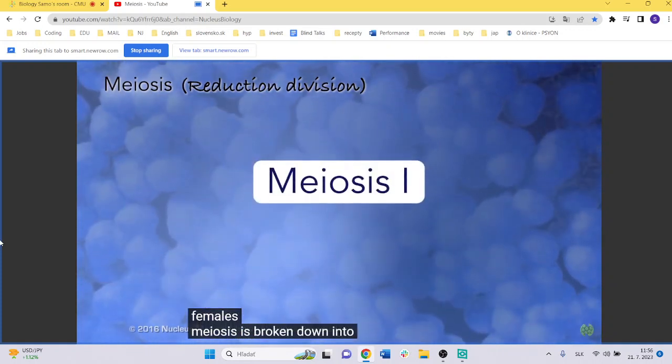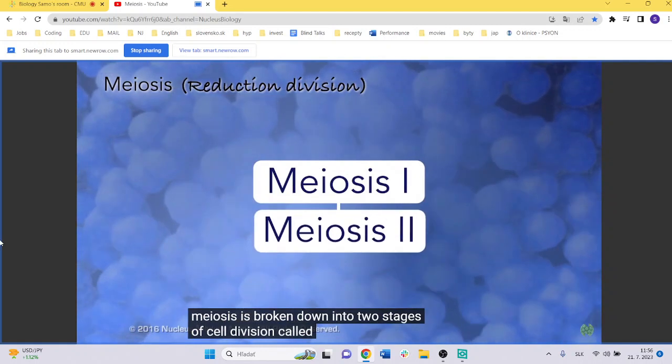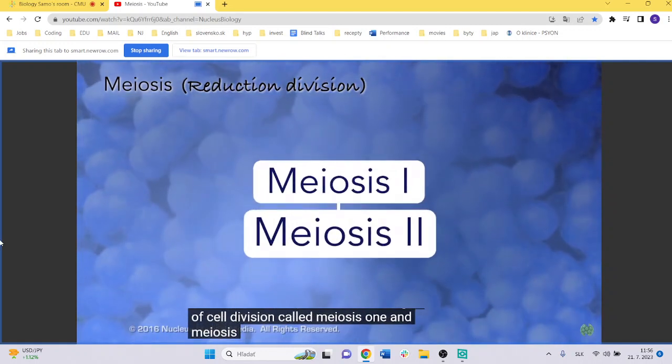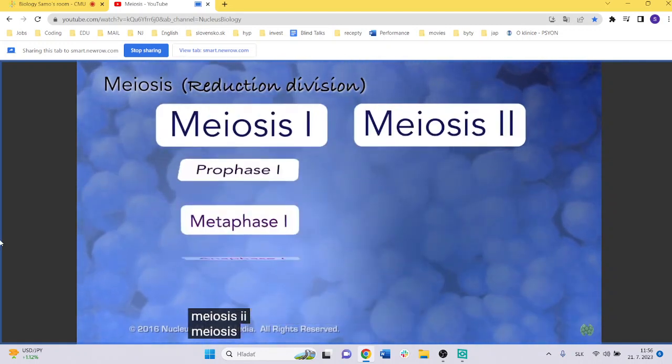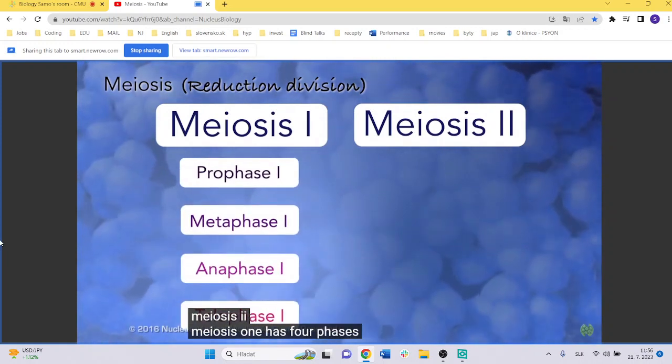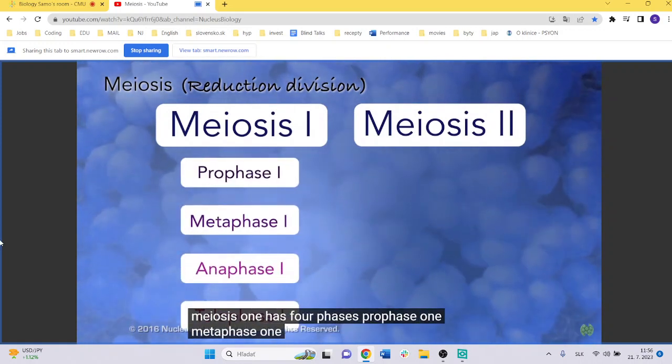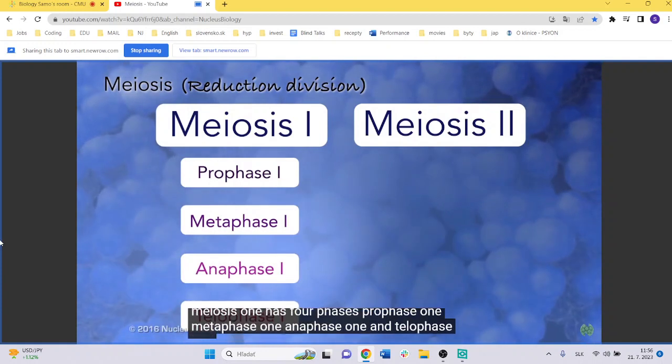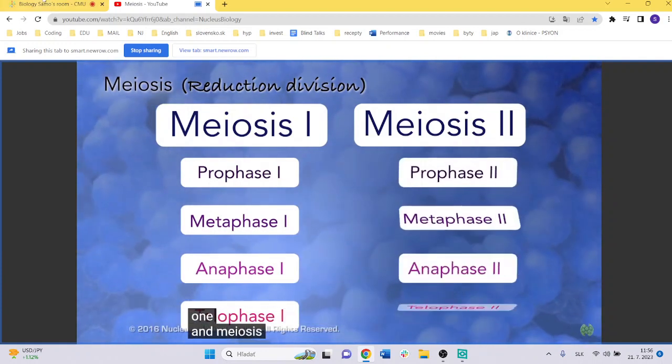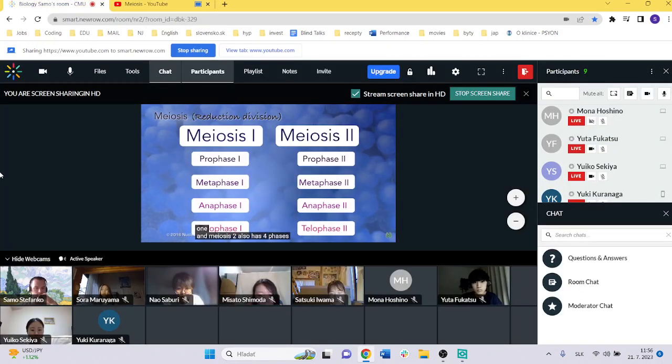Meiosis is broken down into two stages of cell division, called meiosis I and meiosis II. Meiosis I has 4 phases: prophase I, metaphase I, anaphase I, and telophase I. And meiosis II also has 4 phases: prophase II, metaphase II, anaphase II, and telophase II.